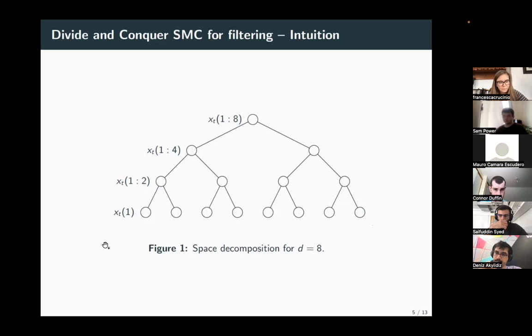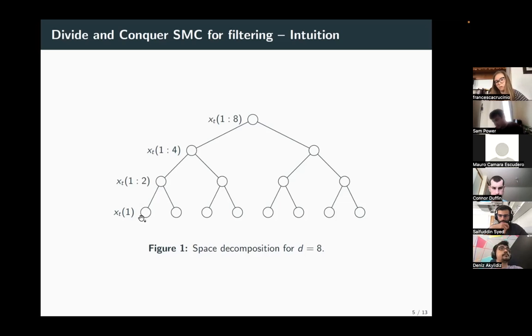Then to recover the full filtering distribution, we start merging these low dimensional marginals. Whenever the branches of the tree converge into a node, we want to now estimate the joint filtering distribution of components 1 and 2.